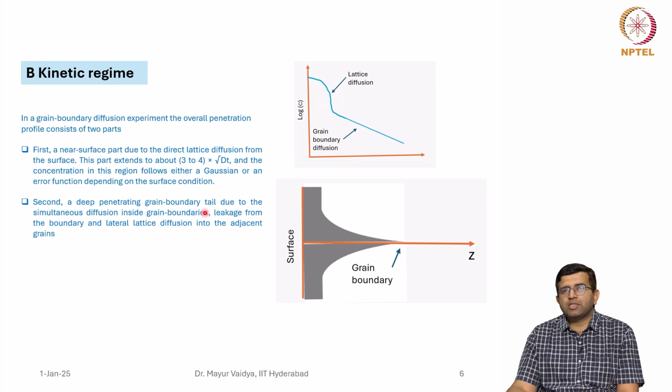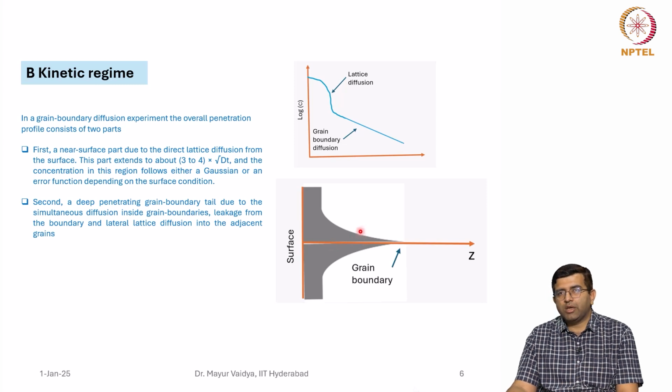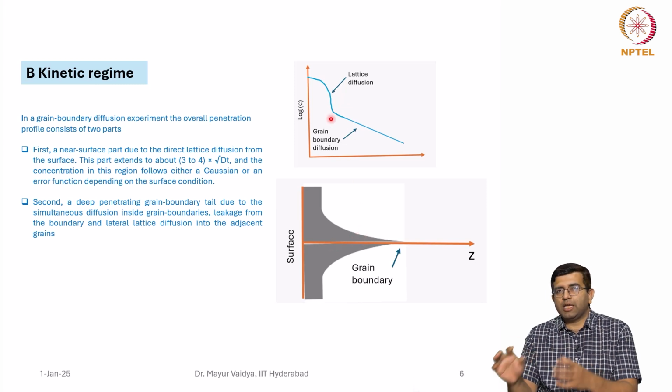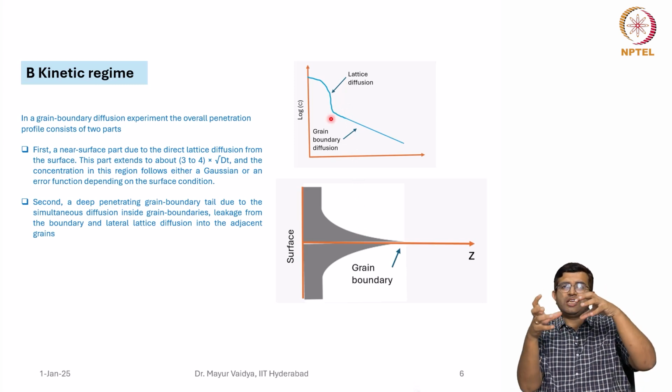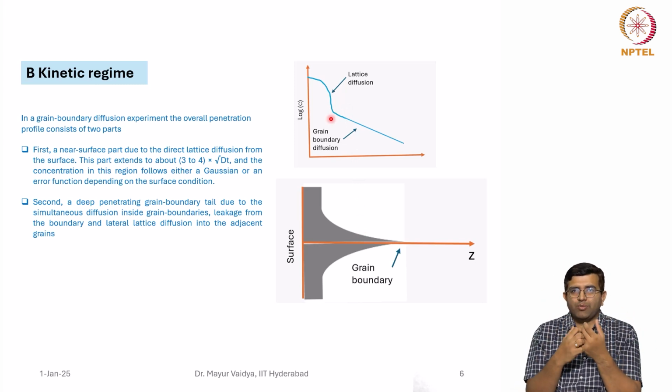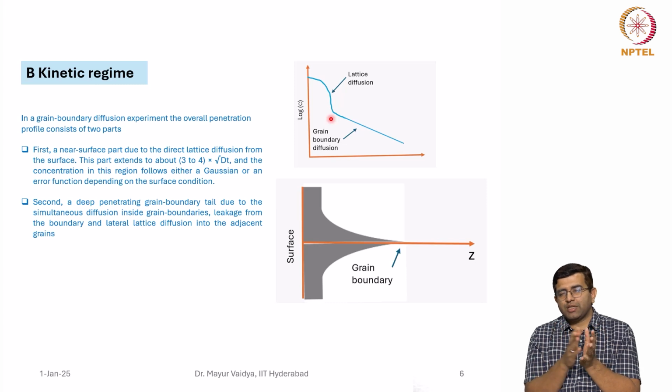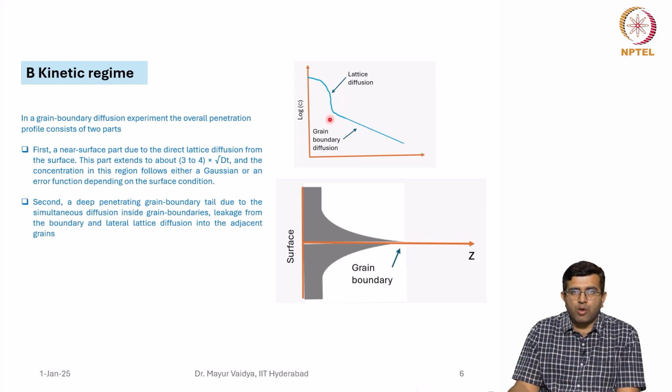And the second is a grain boundary tail, as I said, due to enhanced or simultaneous grain boundary diffusion adjacent to the grains. And this does not follow z square dependence. Okay, so we will see that it doesn't follow a z square dependence, but in the case of the B kinetic regime, because you have two distinct slopes present, you can estimate both the lattice diffusion coefficient as well as the grain boundary diffusion coefficient.